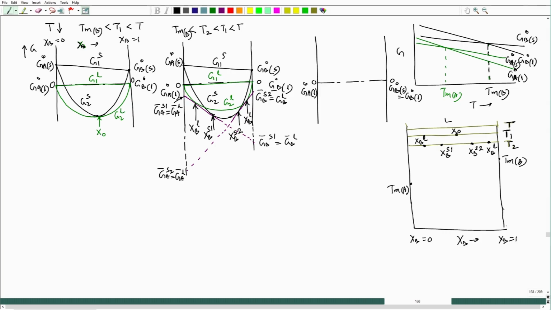Both will have the same free energy, and here we will have GA naught solid. Okay. So, the liquid line is still this one, this is G1 of liquid, and G1 of solid would be this one.